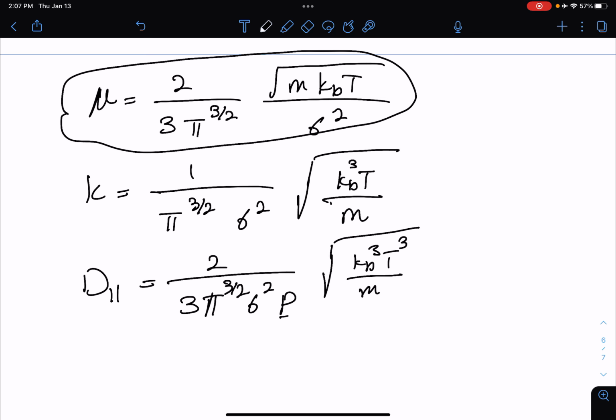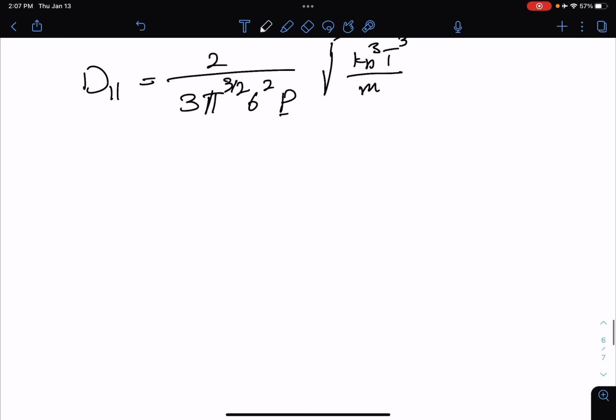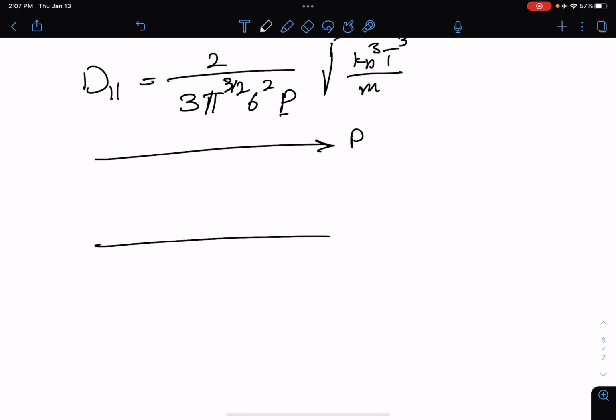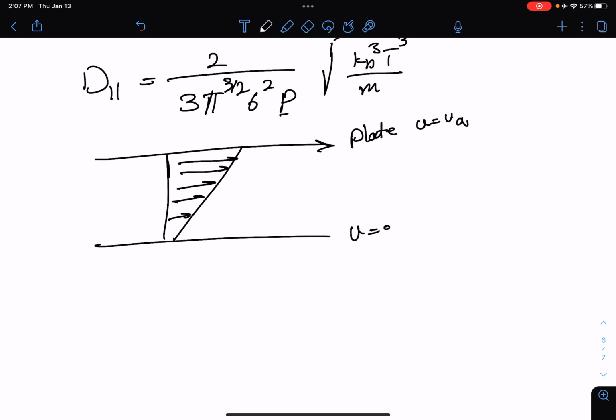Does anyone remember the Couette flow? You have a plate that is moving at U infinity and a stationary plate. Is it like shear force equals viscosity times du by dx?